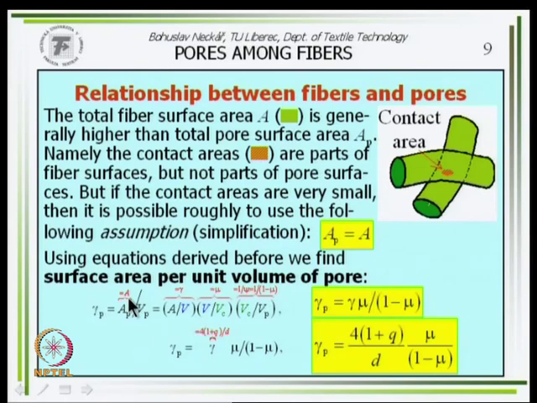Because AP is equal to A, we can write this black here. We can multiply and divide by blue V and by green VC, so that we obtain this expression. But this is gamma, this is mu, this is 1 by psi, so 1 by 1 minus mu, so that we can write that gamma P is gamma times mu by 1 minus mu, and gamma P is also, when we use on the place of gamma the expression derived earlier, this expression.